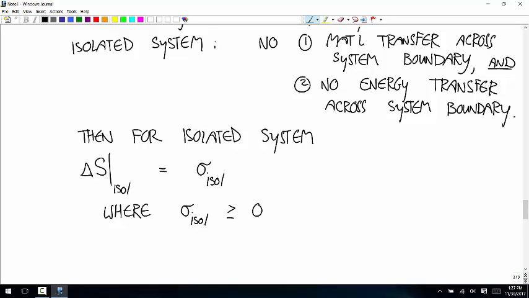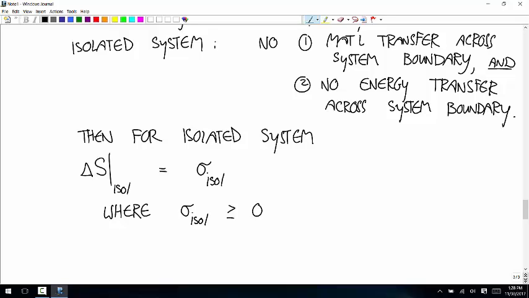So how is this going to let us figure out the directionality? What we can do is use the first law of thermodynamics, the energy balance, to figure out two states, and then use this entropy balance to figure out which of those states has more and which has less entropy.